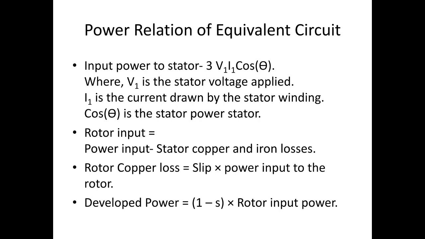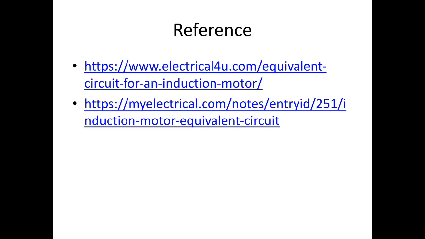Developed power is equal to (1 minus S) times the rotor input power. Again the slip has to be taken into account, so the total developed power is (1 minus S) into the rotor input power. The power given to the rotor is multiplied by (1 minus slip). And these are the references I have made for the equivalent circuit. Thank you so much.